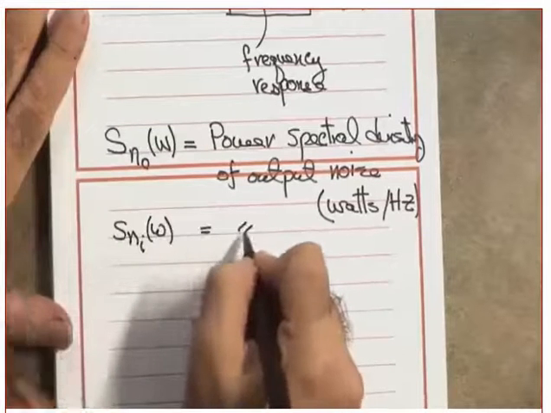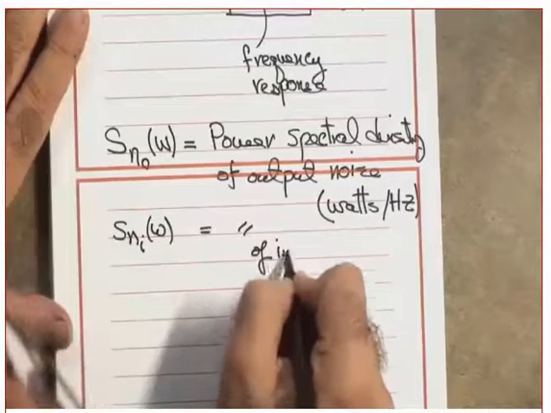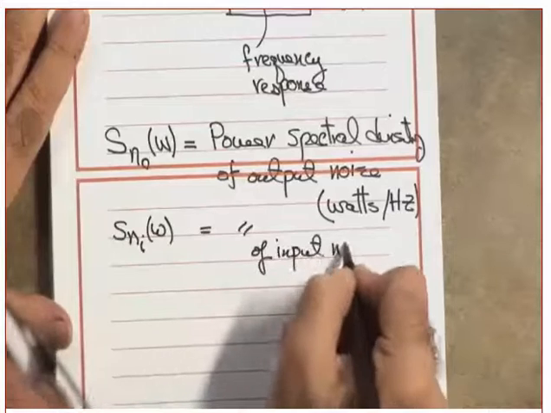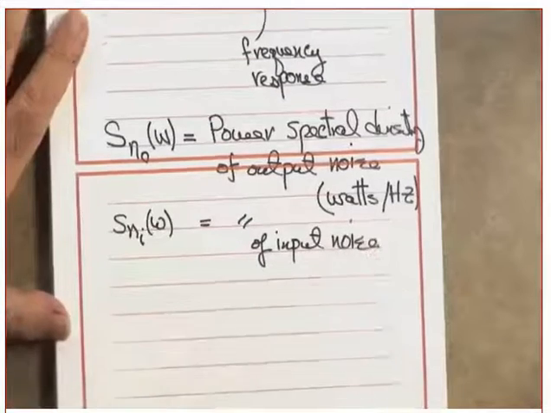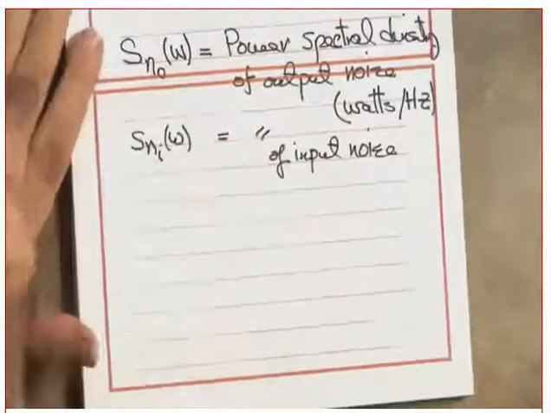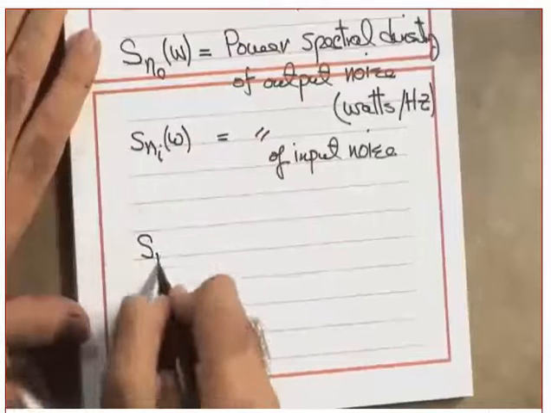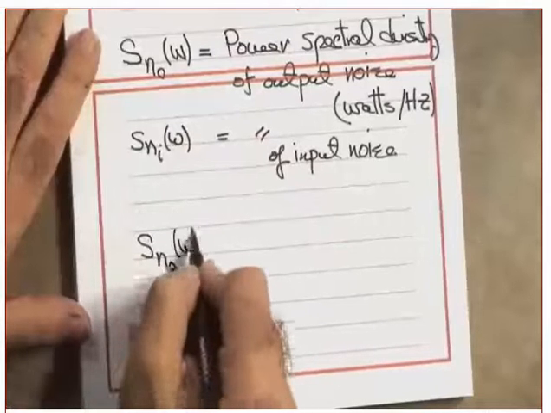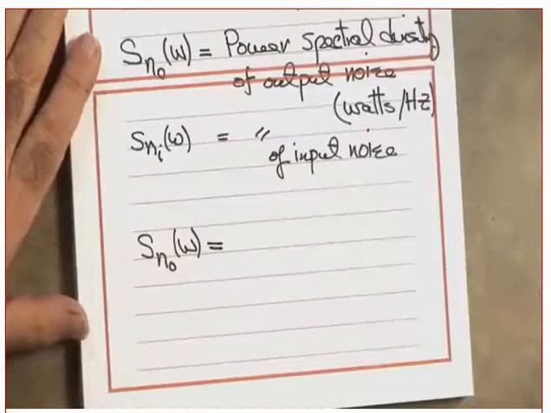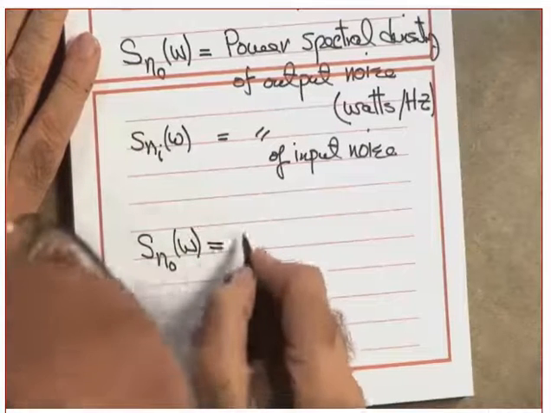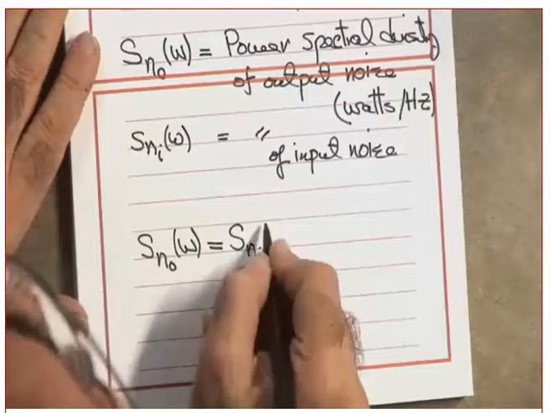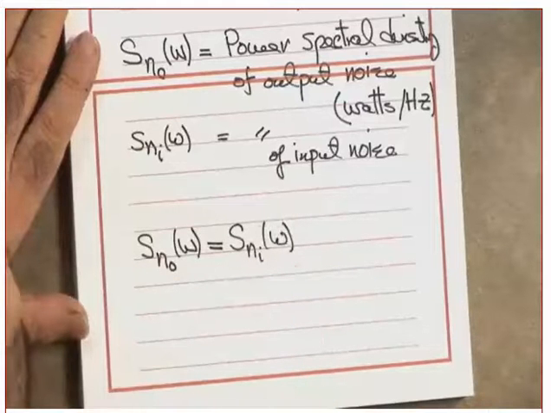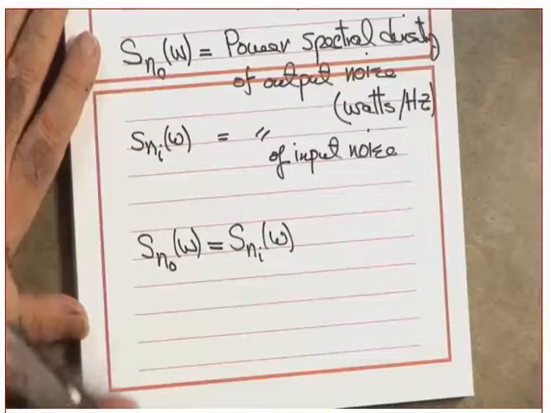What is S ni of omega? Same thing, but it's the input noise. Clear so far? What is the relationship between them? S n0 of omega equals S ni of omega times the absolute value of H of omega squared.